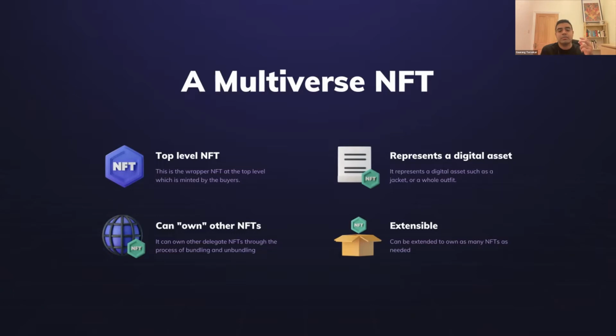So as a publisher, you just publish one NFT at the top level, which represents this golden jacket, or this whole armor outfit. In the case of Elden Ring, you could call this Multiverse NFT an NFT for the Raya Lucaria soldier. If you want to buy an outfit for the Raya Lucaria soldier, you just buy this Multiverse NFT and you get all the items inside that NFT. I'll talk about how the user gets those items.